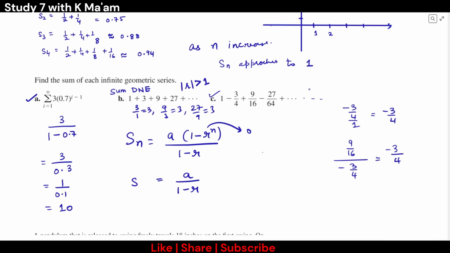So this is the common ratio. The formula for the sum is first term over 1 minus ratio, which equals 1 over 1 plus 3 by 4. It will be 4 over 7. This is the answer.